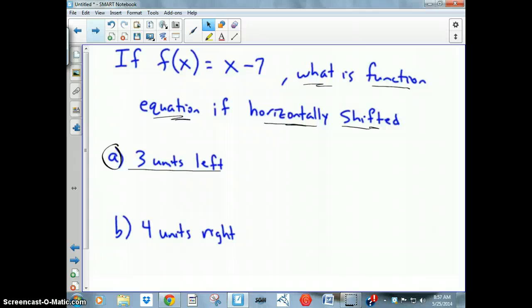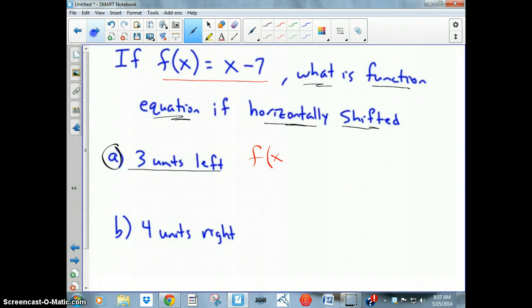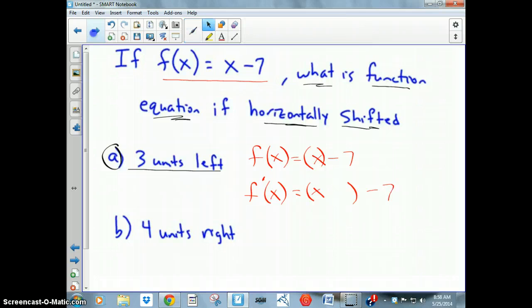So I'm going to take my original function, here it is right here, f of x equals x minus 7, and I'm going to call the transform function f prime. This little mark up here means prime. And what I'm going to do is I'm going to take my x and put it in parentheses, and then I'm going to put the minus 7 way at the end. Why did I do that?